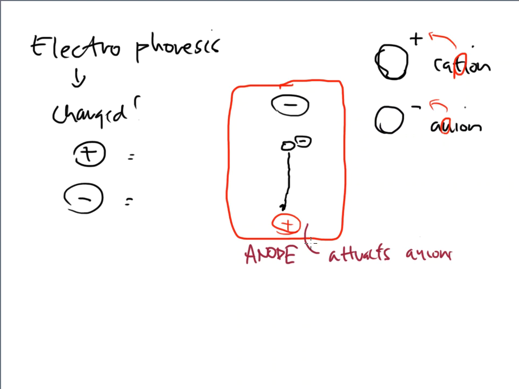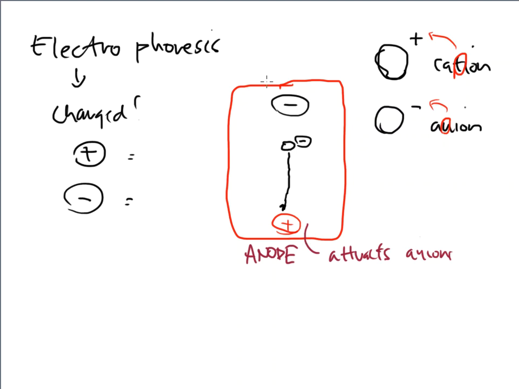So anodes are attracting anions, and anions are negative. So that means an anode has to be positive. Otherwise, this doesn't work, right? So anodes attract anions, and if they're going to attract them, that anode better be a positive charge. All right, so there's one side of how this electrophoresis is going to work.